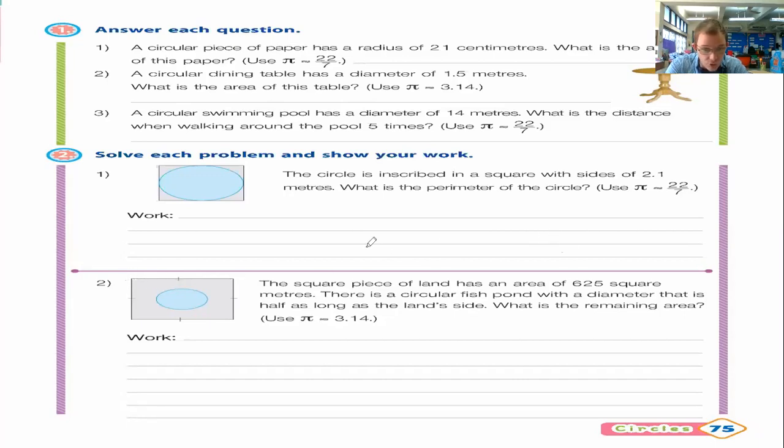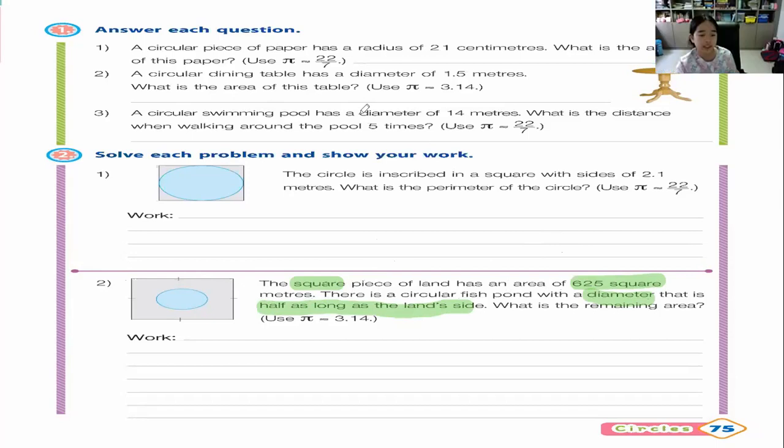So the land is a square. So we have a square, and the circular pond has a diameter of half as long as the land's side. Now, how do we calculate the area of a square? Side times side. Side squared, so side times side. So how do you calculate the square root then?